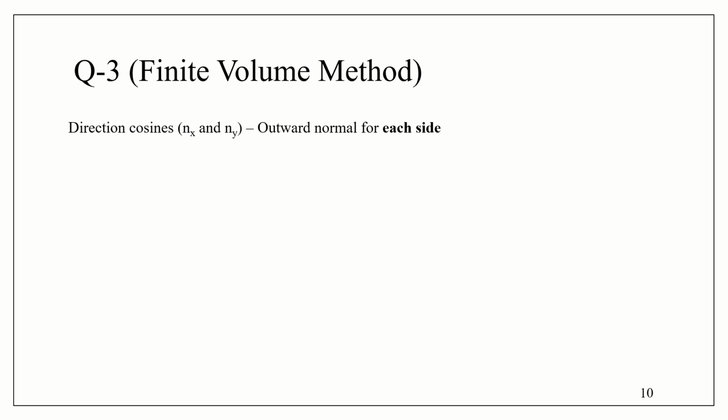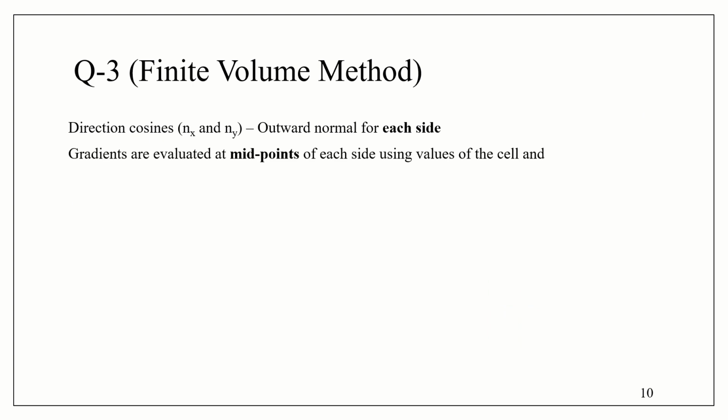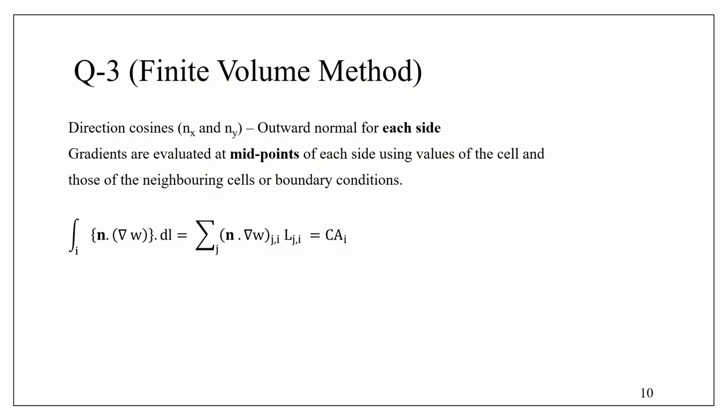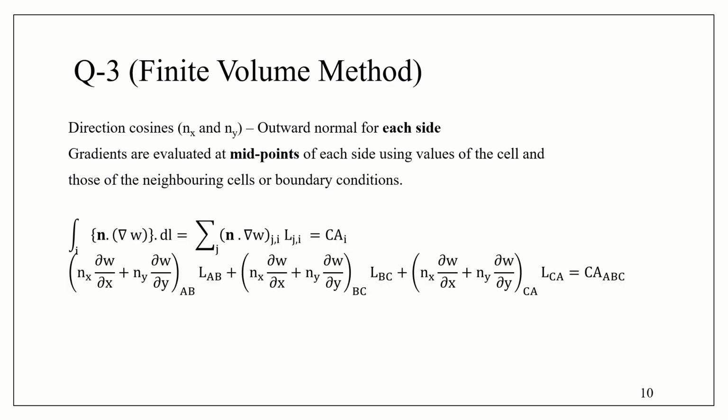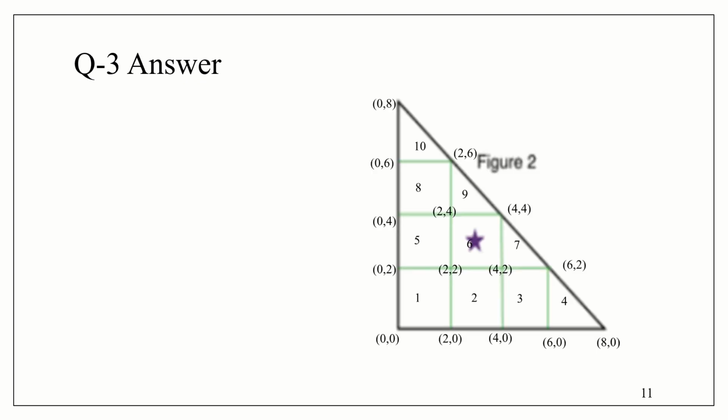For the finite volume method, two things we require. One is direction cosines, the outward normal for each side, and gradients are evaluated at midpoints of each side. And those of the neighboring cells are boundary conditions. In these notes, I haven't included the length L of that particular side. It should have come, so please make sure you include it while working out, but it doesn't affect the answer to the questions here because we are not solving for anything directly.